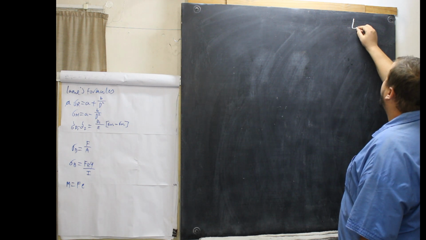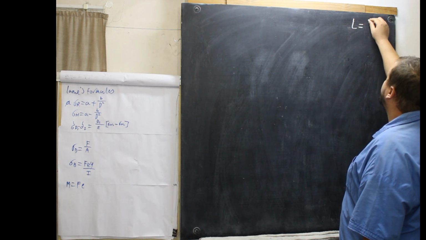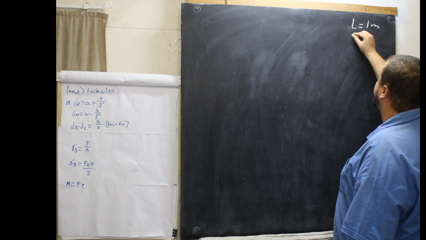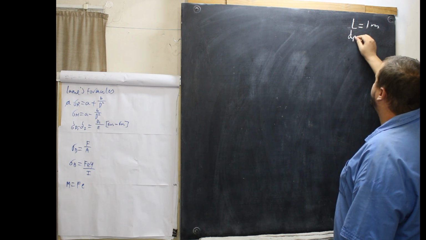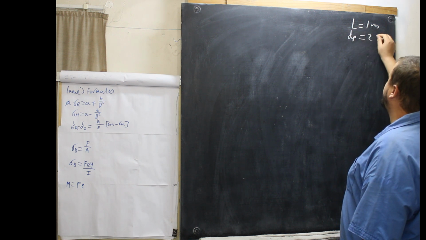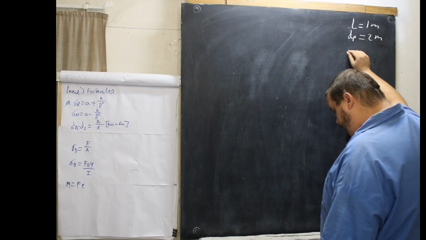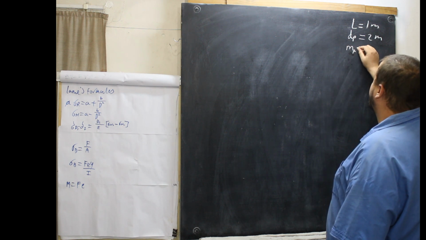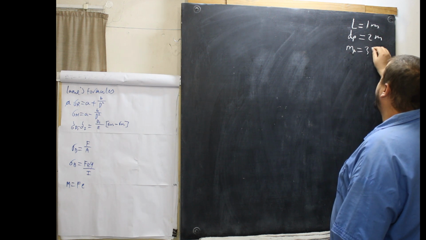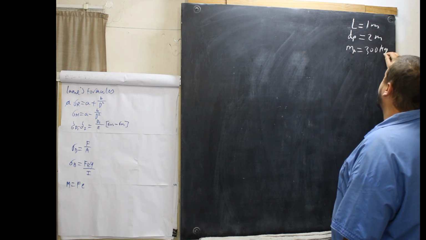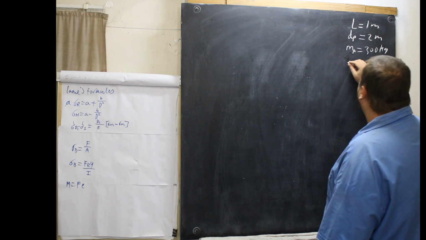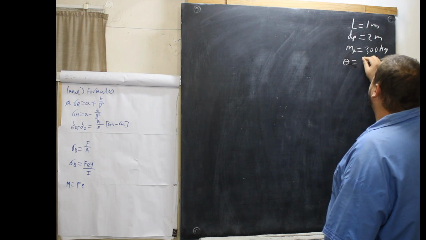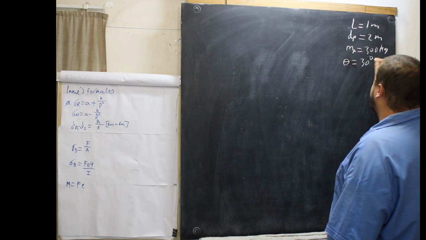So, L equals 1 meter. The diameter of the pulley is 2 meters. Our mass of pulley is equal to 300 kgs. Theta is 30 degrees.